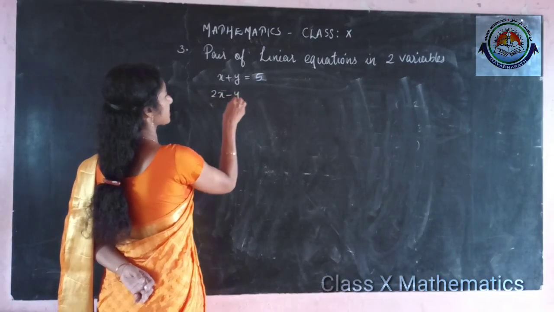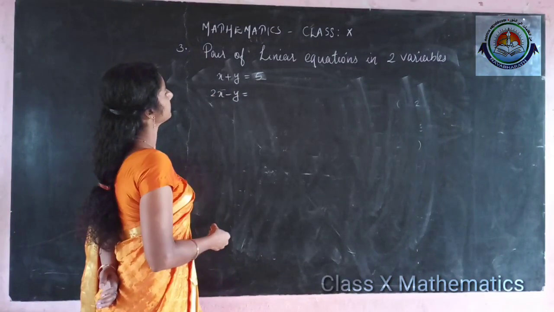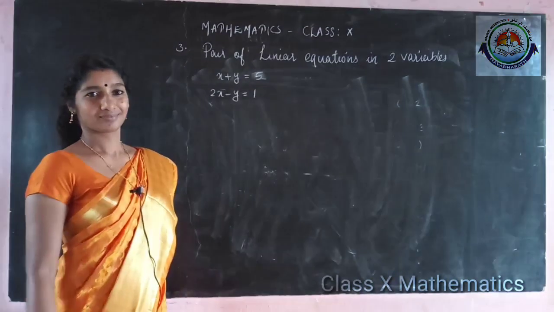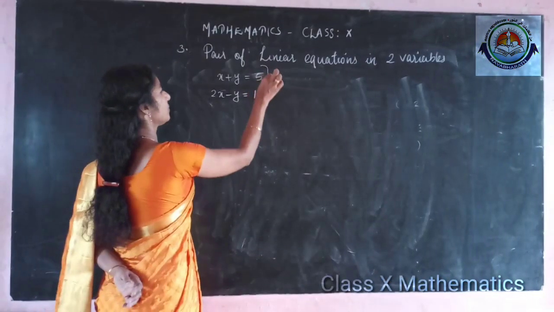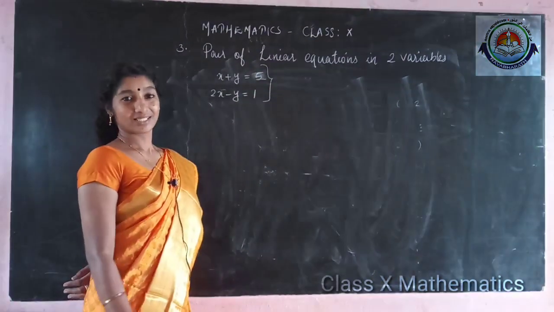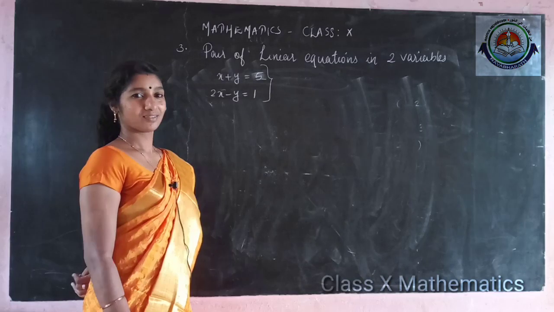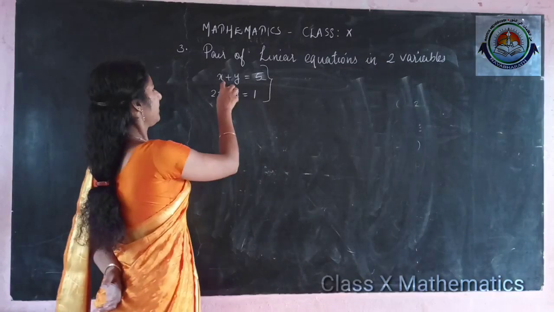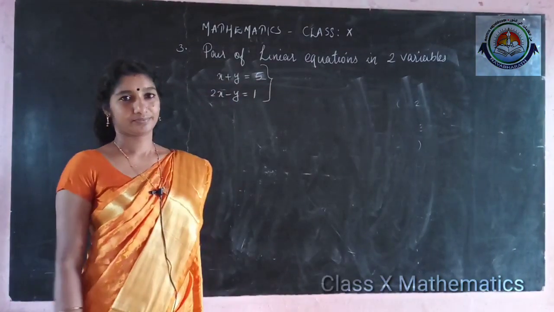And 2x minus y is equal to 1. I wrote two equations. System of linear equations, or we will call it a pair of linear equations. We have two equations together.